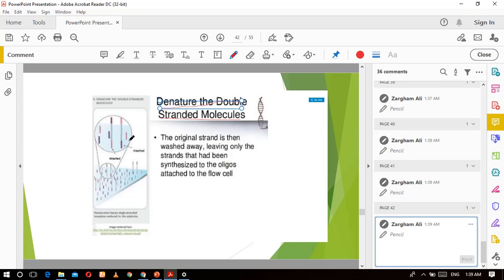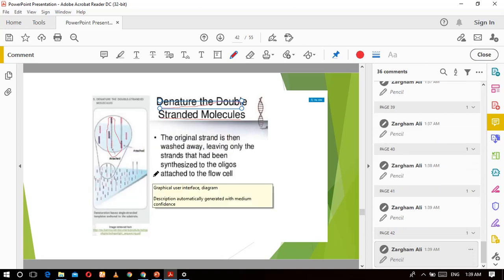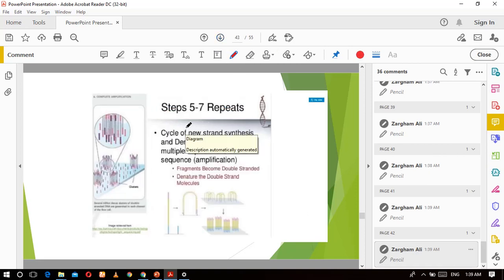The original strand is washed away, while the one that has been synthesized remains attached to the oligo on the flow cell. Then we repeat steps 5 and 7 again and again until we have a cluster of fragments. Cycles of new strand synthesis and denaturation make multiple copies of the sequence. Now our fragment becomes double-stranded and we denature it.